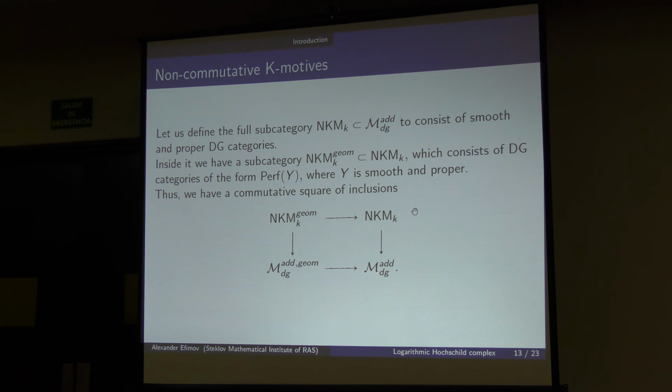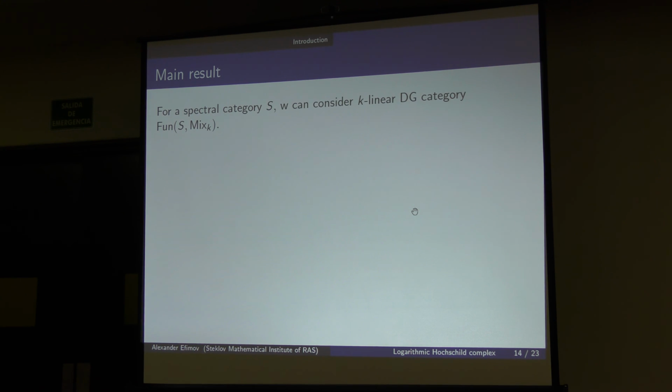I will say something non-trivial essentially only about the inclusion on the left, because in the geometric case the K-theory machinery is developed well enough to obtain some non-trivial results. For the vertical arrow on the right, hopefully similar results should hold, but it's conjectural, and I will explain what the difficulty is.